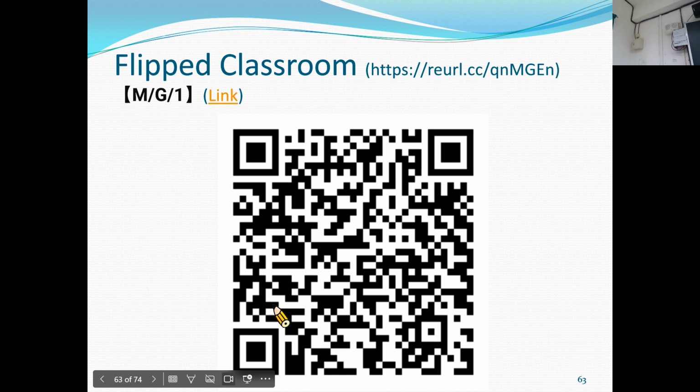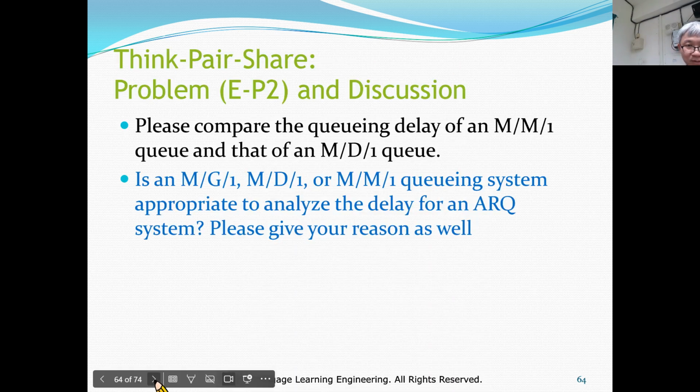We have 4 groups. Group 1 and 2, focus on problem 1, and select 1 to serve as the presenter.